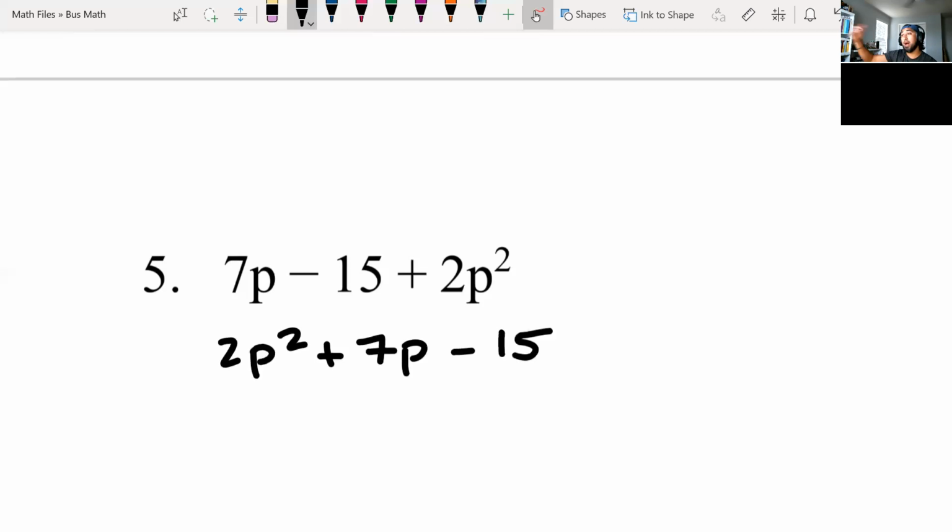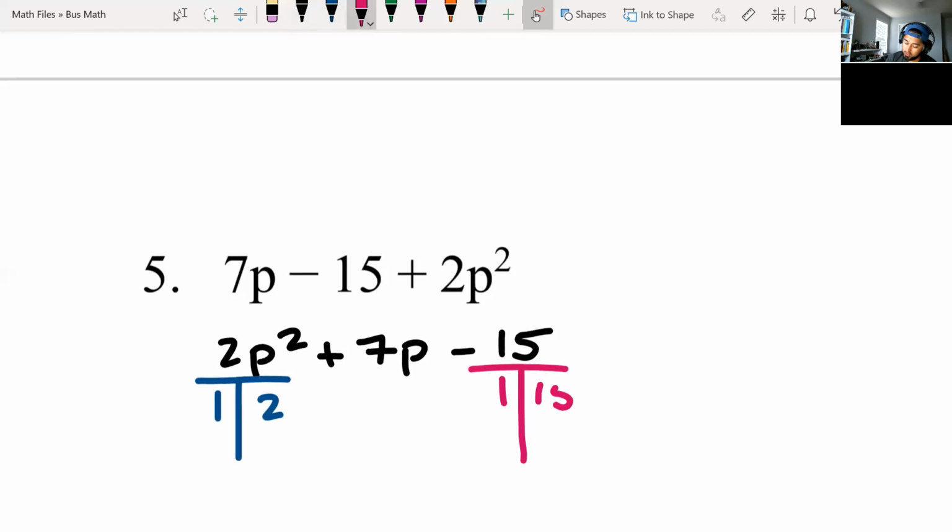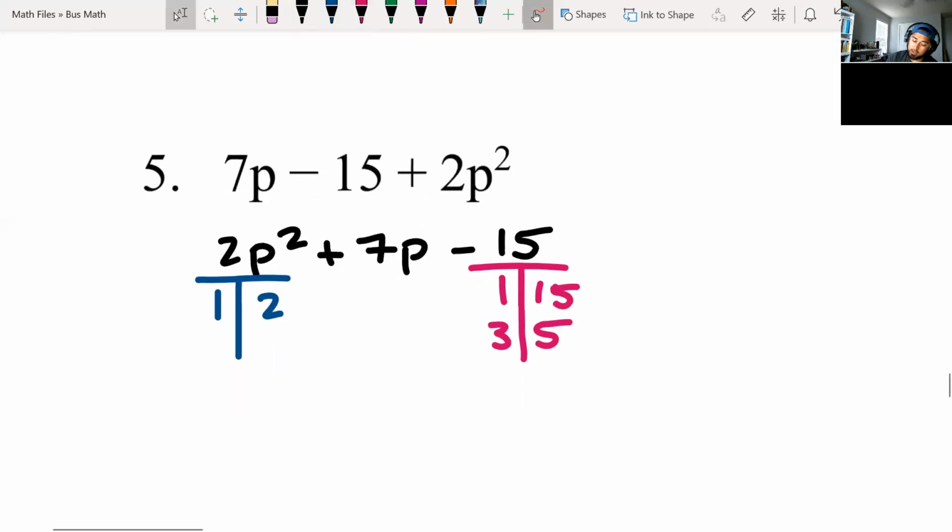So I just put everything from highest power to lowest power to constant. And now we list the factors of 2: 1 and 2. List the factors of 15: 1 and 15, 3 and 5. Okay. And we have minus plus, which means minus minus.